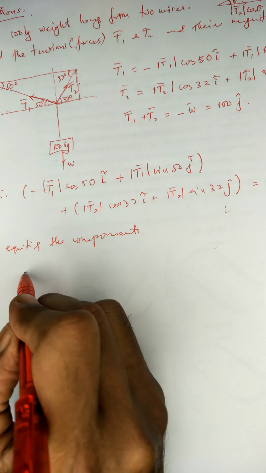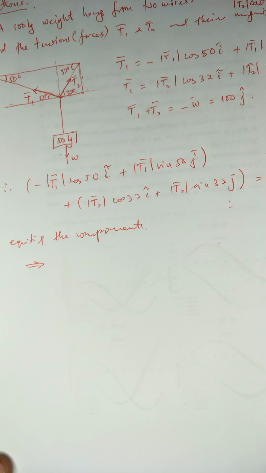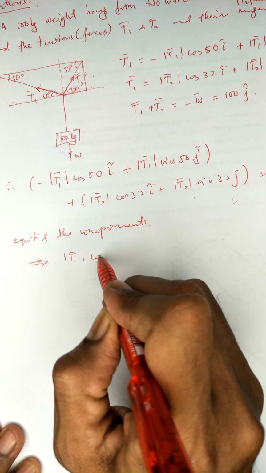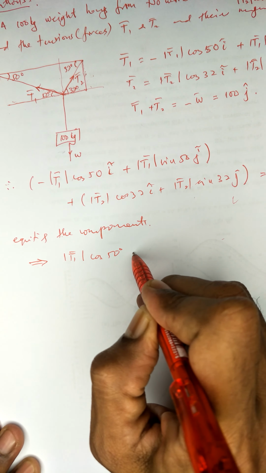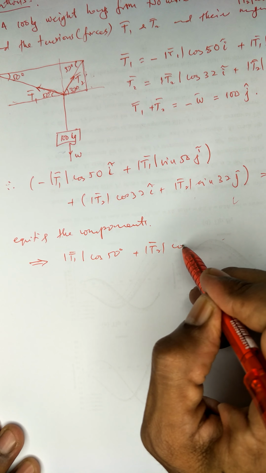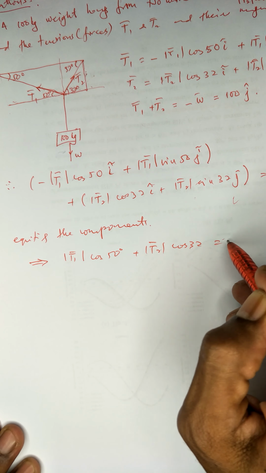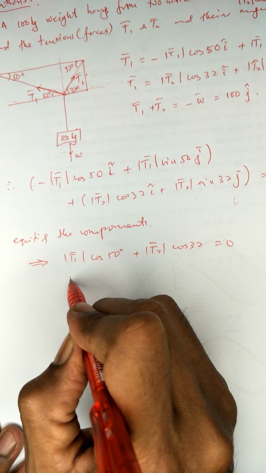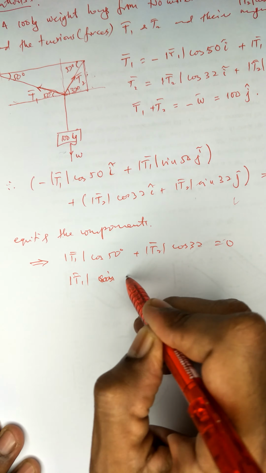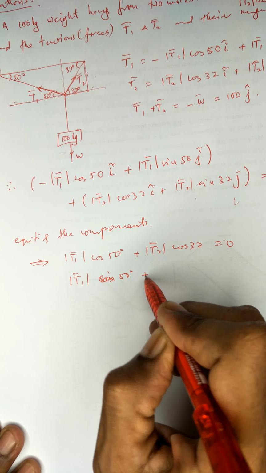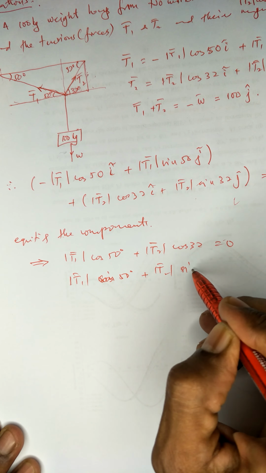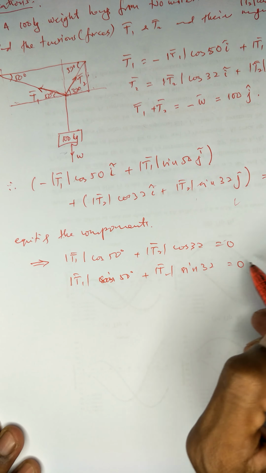So what we have: T1 cos 50 plus T2 cos 32 equals 0, and T1 sin 50 plus T2 sin 32 equals 0.